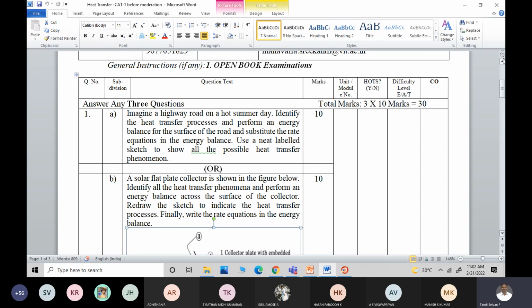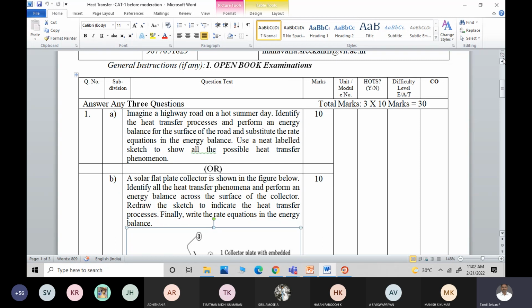perform an energy balance. On a hot summer day, the road surface has a certain thickness and a high surface temperature. This is an open-ended question. You can include radiation or not. If you don't include radiation, then Q conducted is equal to Q convected.